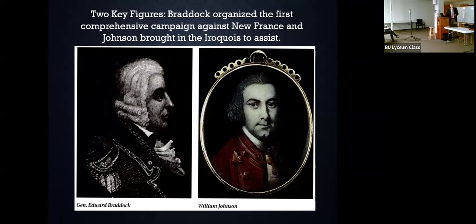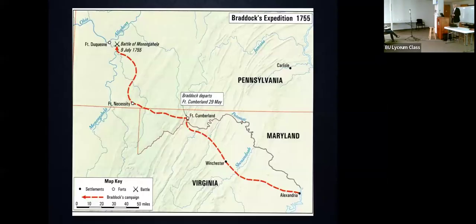So Braddock establishes a real plan of campaign. He's got four different initiatives that he's thinking about. The first major one, which he is going to command himself, is to go up following that path.